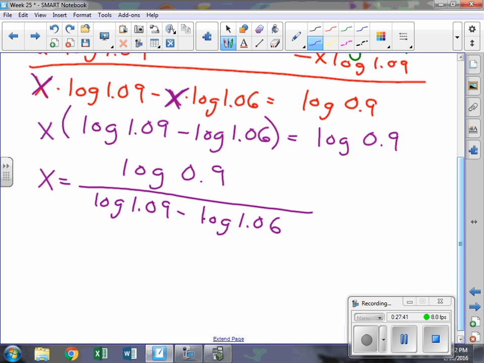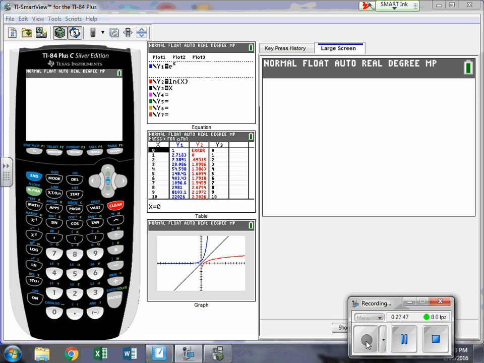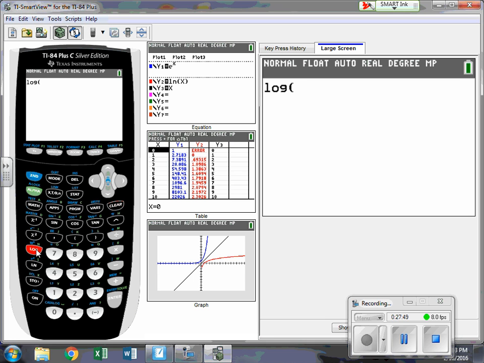And we now have something that we can type into our calculator. So we had the logarithm of 0.9 divided by, remember that since we're dividing by a blob, we want to have a set of parentheses for the blob.